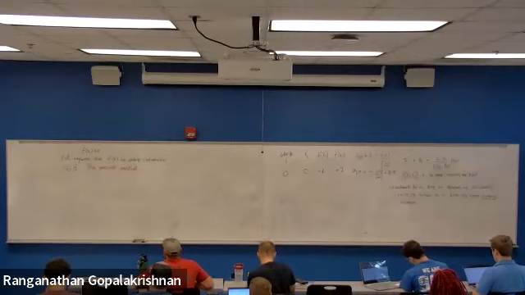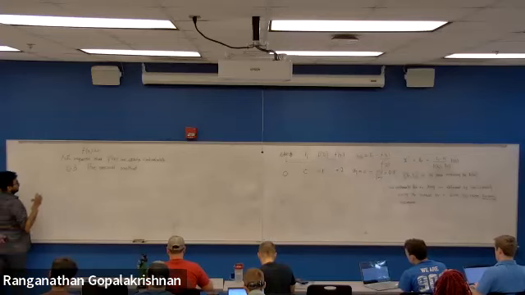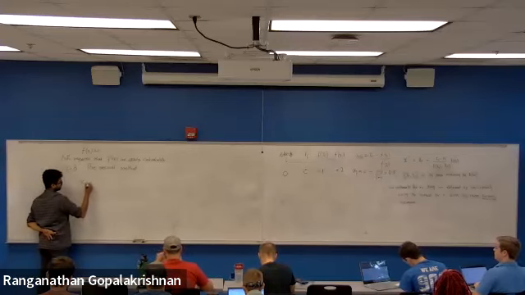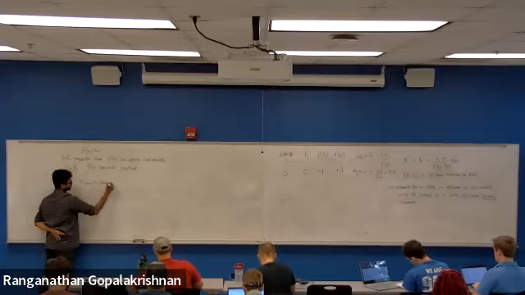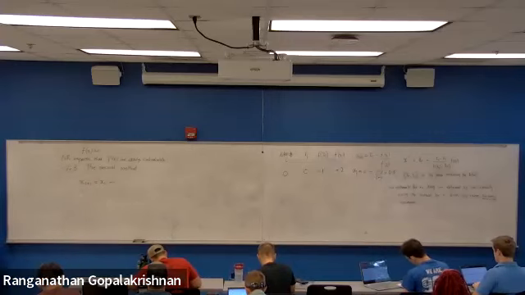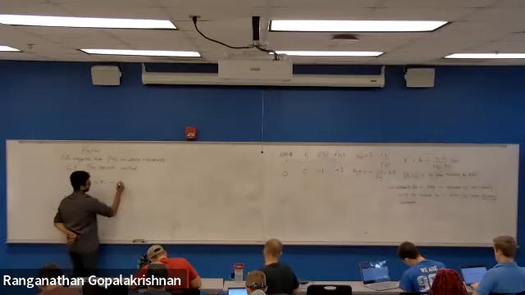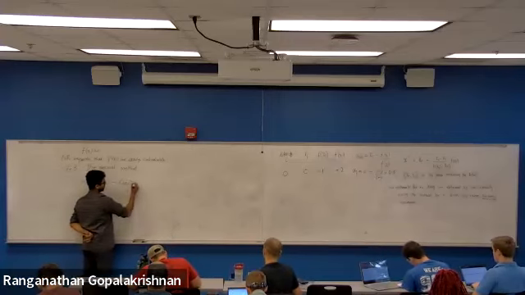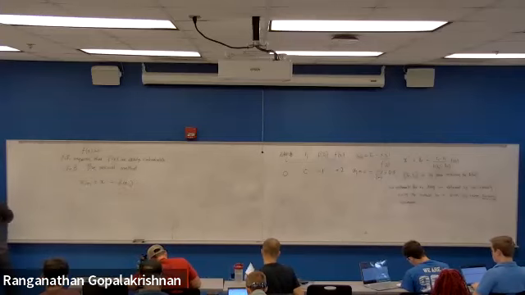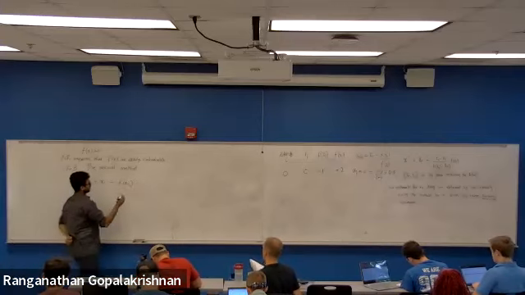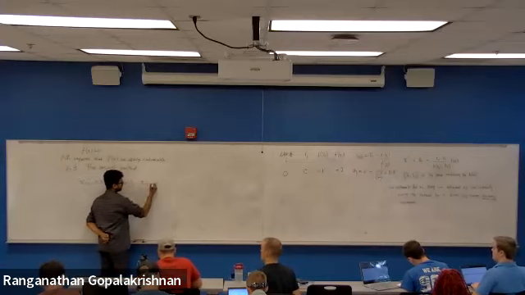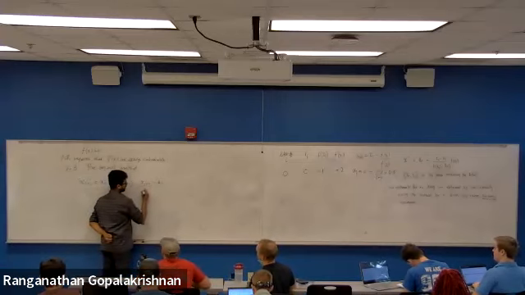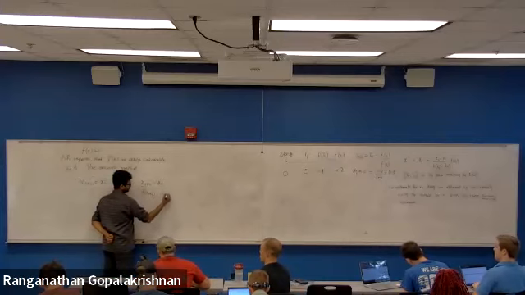The secant method is actually very intuitive for you to understand. I'm just going to write x i plus 1 equal to x i minus f of x i times x i plus 1 minus x i divided by f of x i plus 1 minus f of x i.